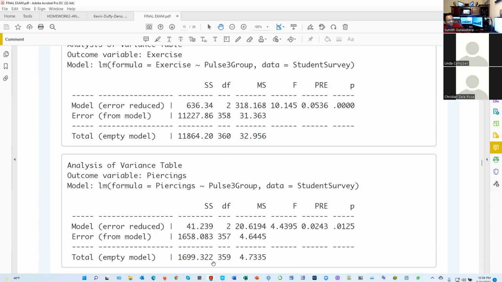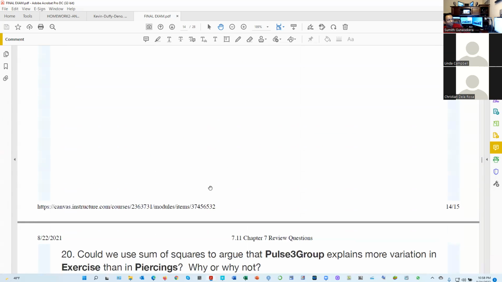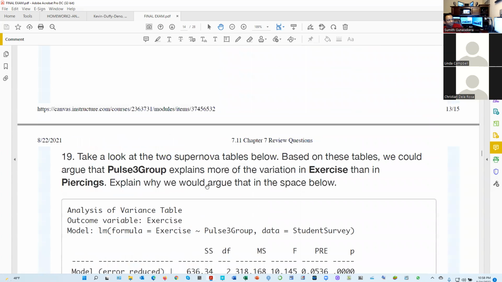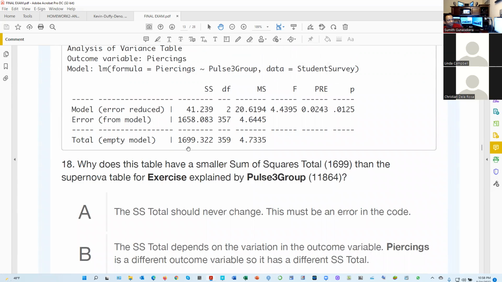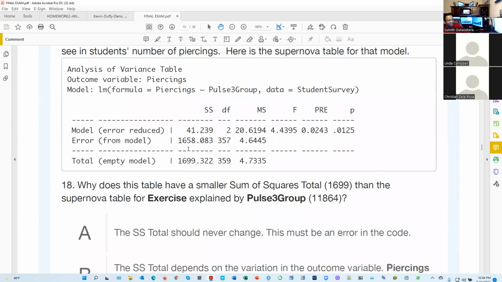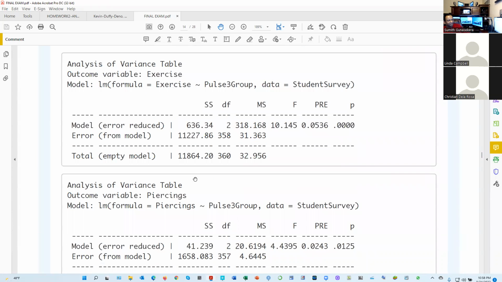Looking at this total, why does this table have a smaller sum of squares total, 1699, compared to the exercise model explained by Pulse 3, 11,864? The same thing. 1164, this is 1658.